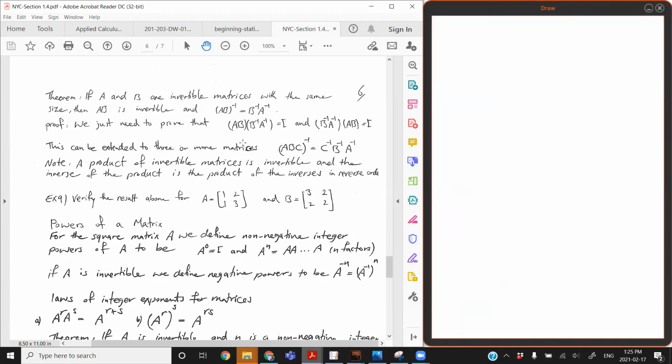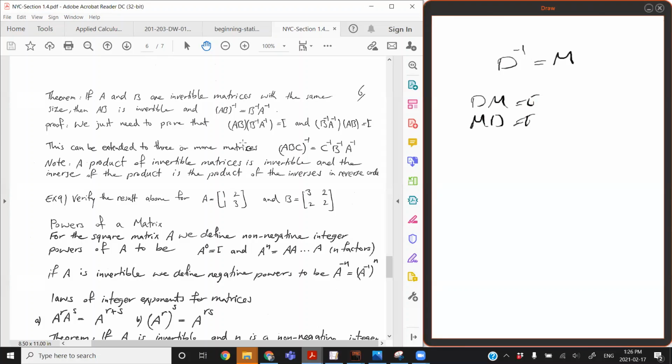So again, if you want to prove that a certain matrix, let's say I'm going to call that D, I want to use different letters to get this idea across. If I want to prove that D inverse is, let's say, M, how do I do that? If the inverse of D is M, that means D times M and M times D should be I. That's how I prove that.